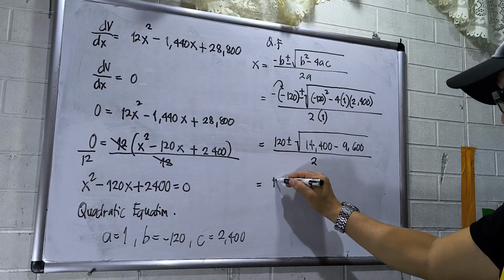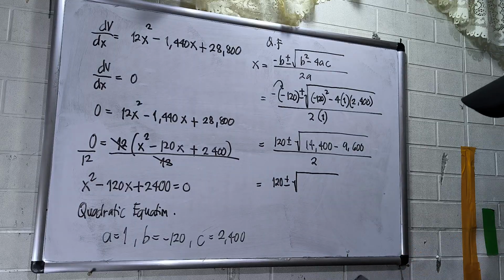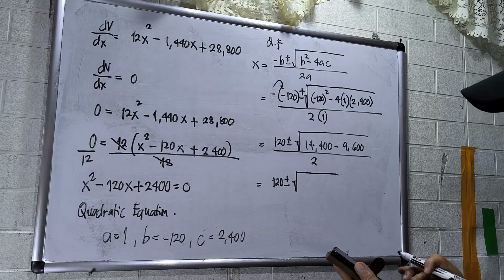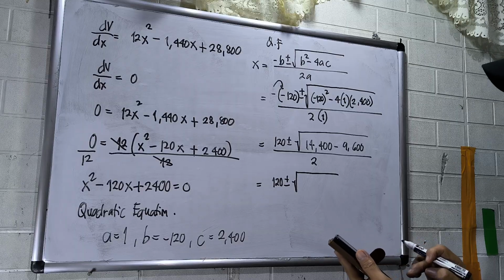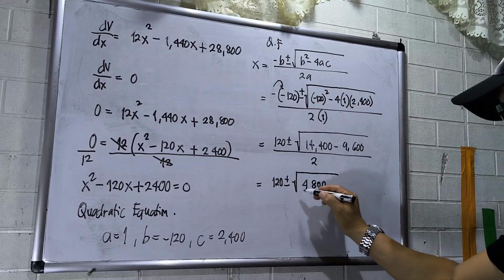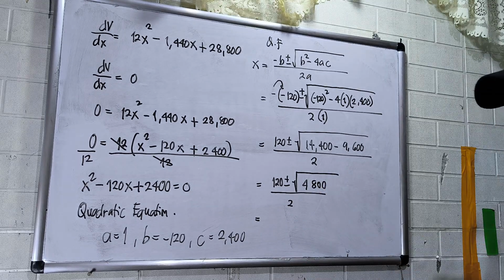So this will be 120 plus and minus the square root of 14,400 minus 9,600, that is 4,800, over 2. Now let us find the square root.